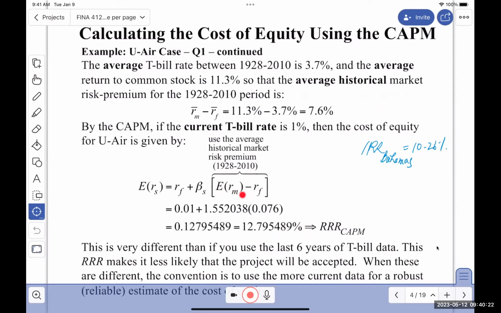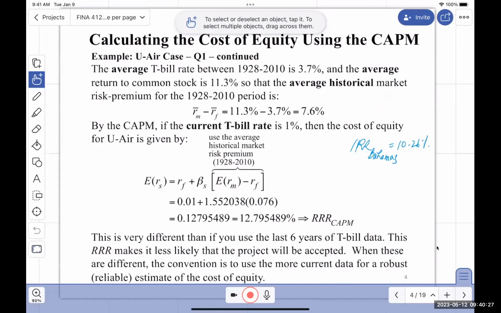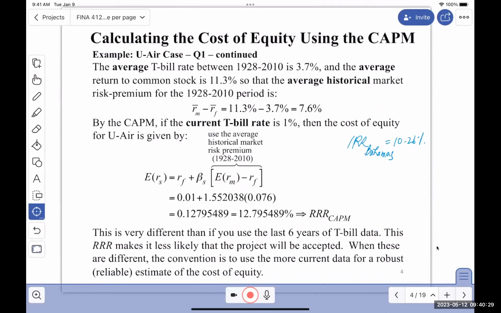Which set of years should you be using to estimate the average historical market risk premium? I recommend that you use the most recent set of years, because that's more likely to dictate what's going to happen in this strange time than going over all of history. So I stick with this first number, because the last 6 years is more current data, and for a more robust, reliable estimate of what's happening right now, it's better to use the more current data.